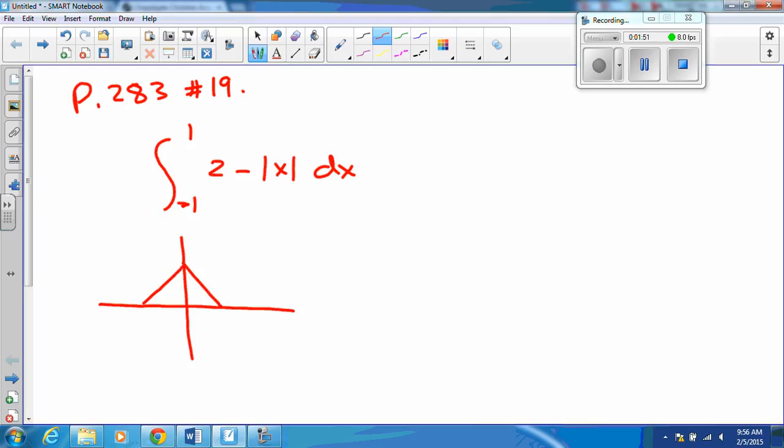When I sketch this guy, what I get is a region that looks like this. I'm talking about just the shaded portion. Yep, just the shaded portion.